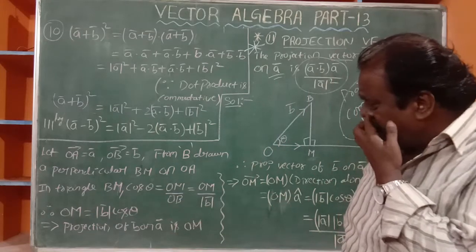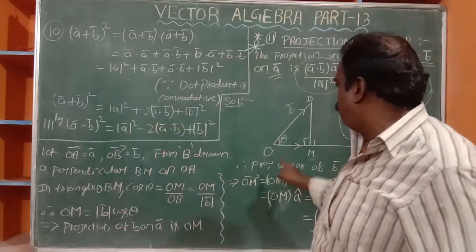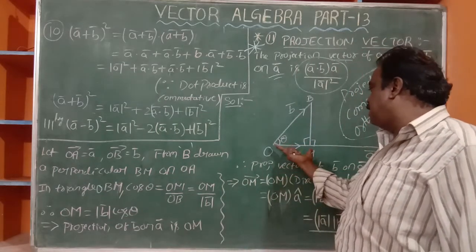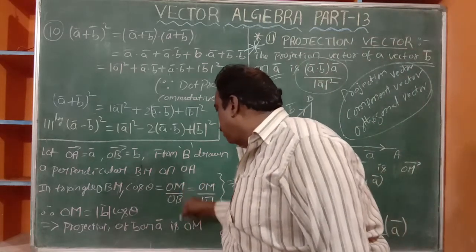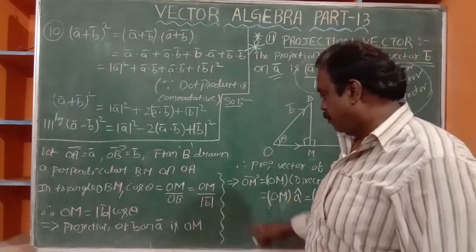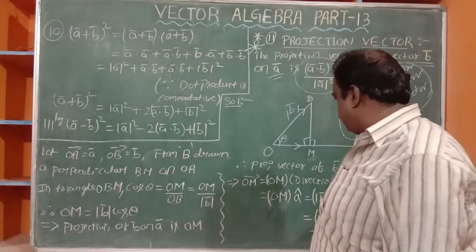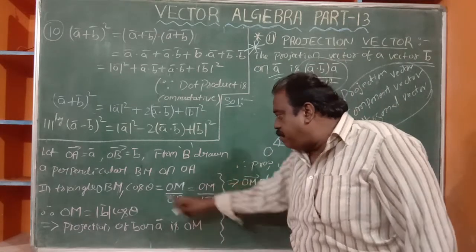In the triangle OBM, cos theta is adjacent side by hypotenuse, OM by OB. OB is nothing but modulus of b bar. So OM is equal to modulus of b bar cos theta.